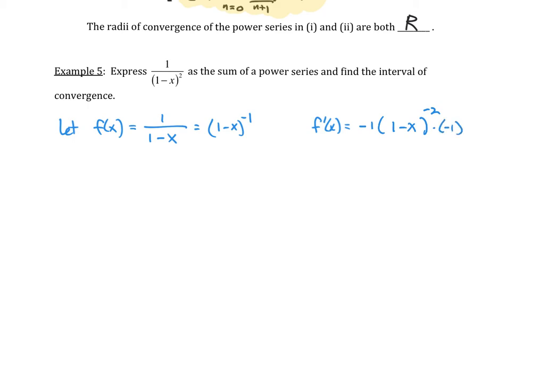The derivative of negative x is negative 1. Just to emphasize, we use the chain rule. When we simplify, the negative and the negative cancel each other out. So this gives you 1 minus x to the negative 2, which is really just 1 over (1 minus x) quantity squared.